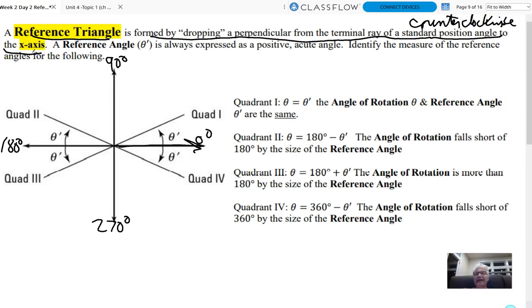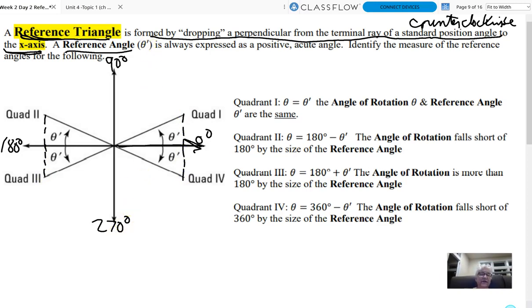That's the other thing that's important. The reference of either the reference triangle or the reference angle is always in reference to the x-axis. So when they're talking about dropping a line, or basically going up from the terminal side to the x-axis, it's always to the x-axis. The reference is to the x-axis.